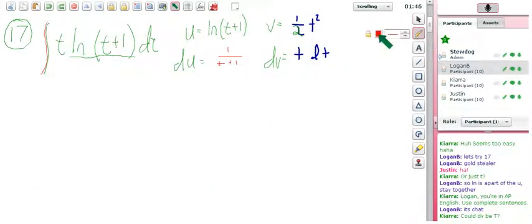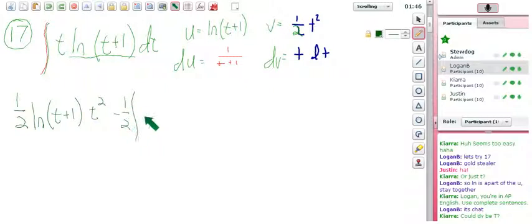So integration by parts says that this is the same as u times v, that would be the natural log of t plus 1 times 1/2 times t squared, that's u times v, minus the integral of v du. So our v will be 1/2 t squared, du is 1 over t plus 1, and this should have a dt.